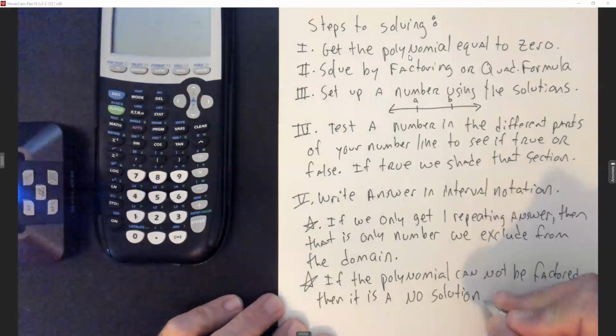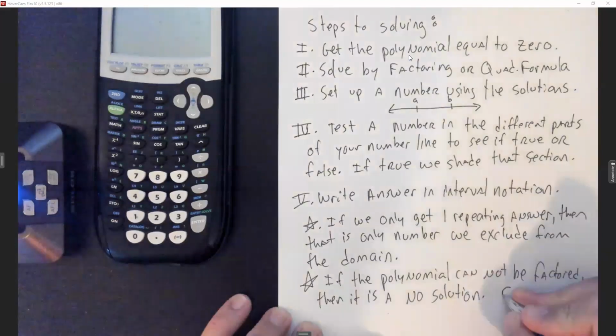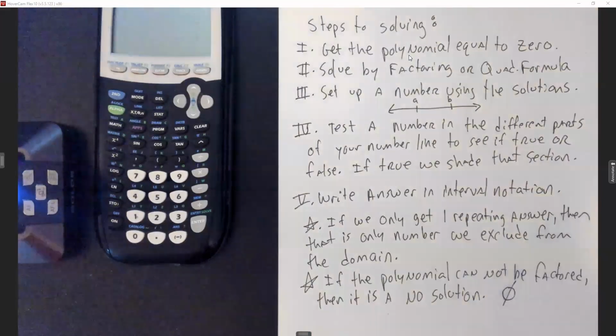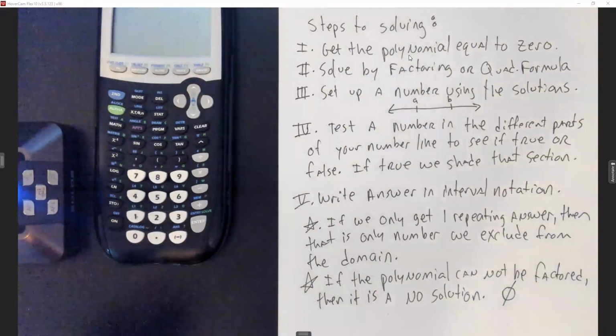And a lot of times for no solutions, in this section, they use the little 0 with the line through it. So let me give y'all a second to do that, then I'm going to show you the 2 styles of answers you'll get.